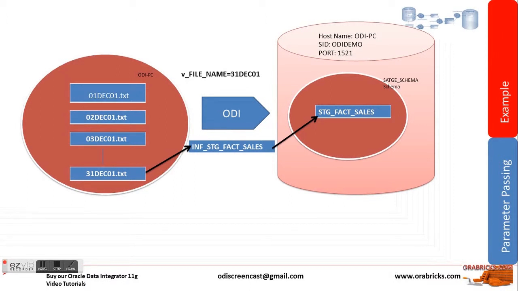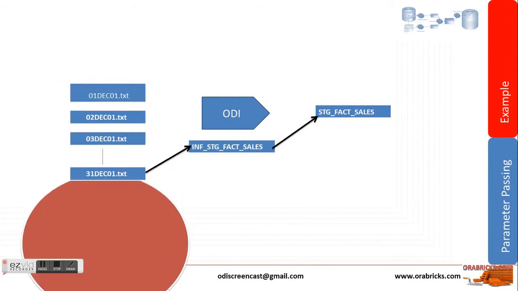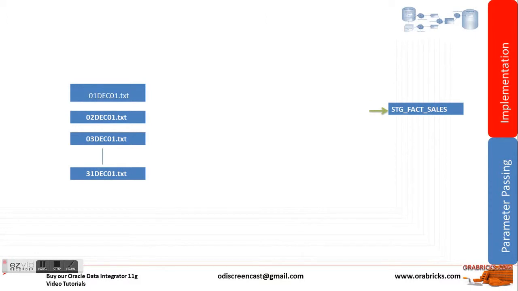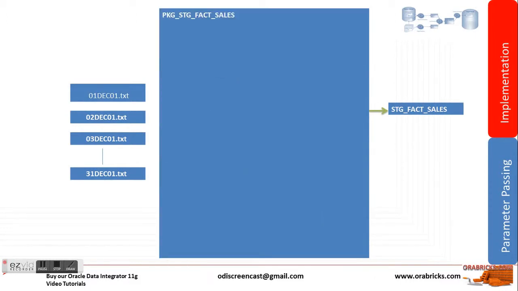So our main agenda is to extract all the information from all the files and populate stg fact sales. Let's see how to implement this in ODI. I am going to replace this interface with a package, stage fact sales.